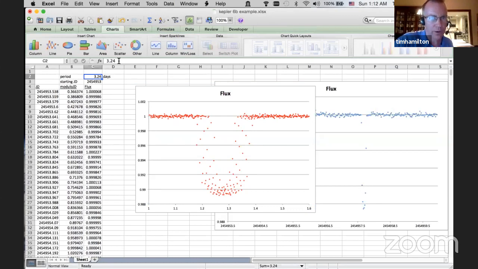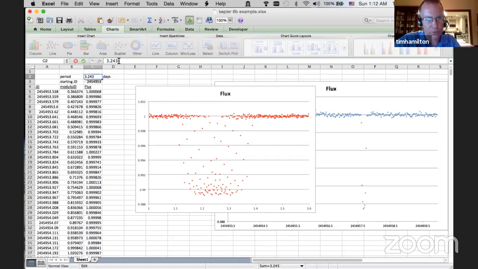Okay, so now let's see again, if we did 3.24, 3.245, that's worse. 3.243, better. 3.242, 3.241. All right, I'm just going to keep going down. Let's try 3.238, 3.236.